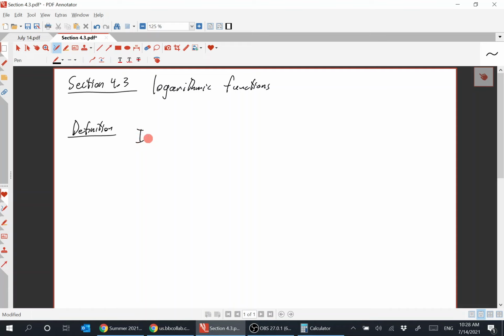So if b to the y is equal to a, like this, if you have this exponential expression, base b to the exponent y is equal to a, well, let's call it e. Base b to the exponent e is equal to a, then we say that the log base b of a is equal to e.